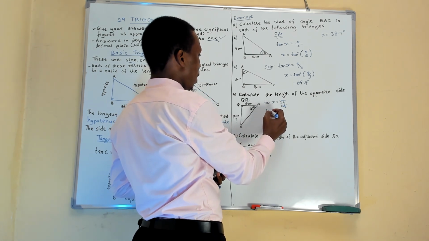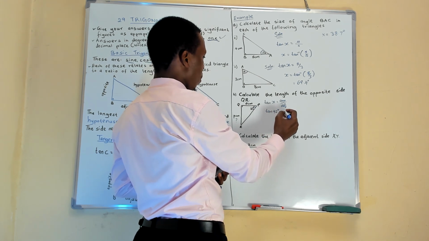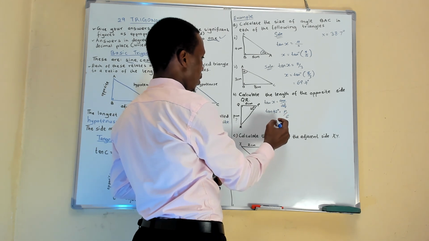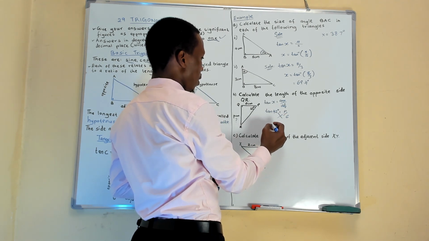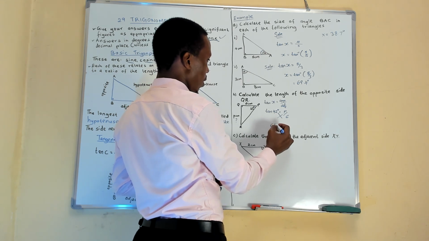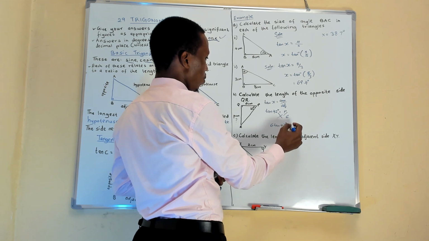So tan of 42 degrees is equal to the opposite, which is P, over the adjacent, which is 6. If I cross multiply, I have 6 tan 42 degrees should be giving me P.